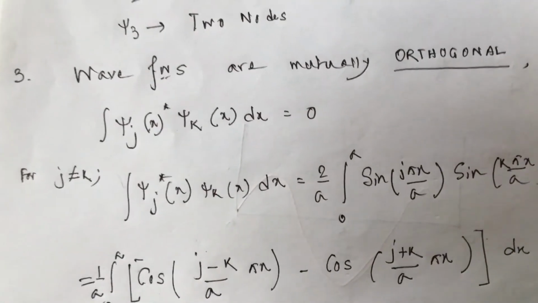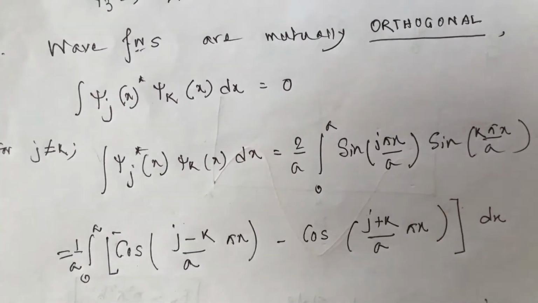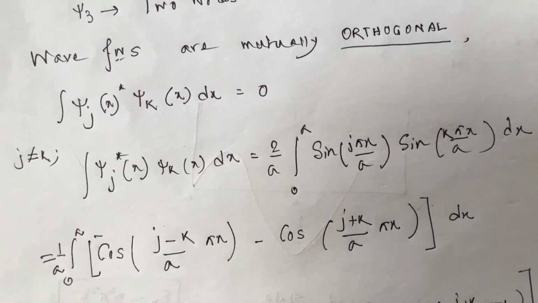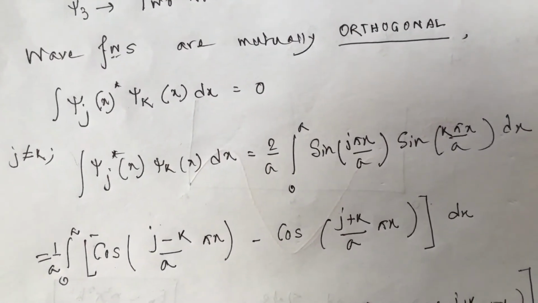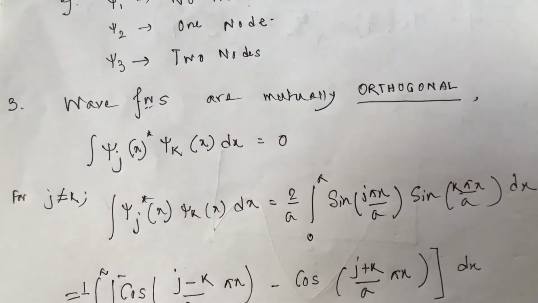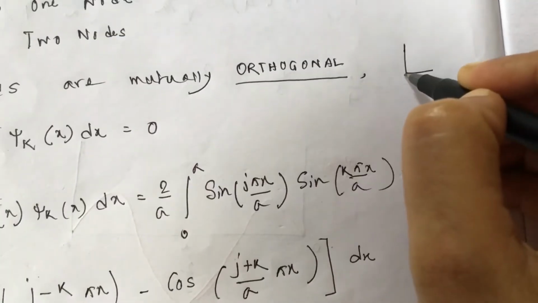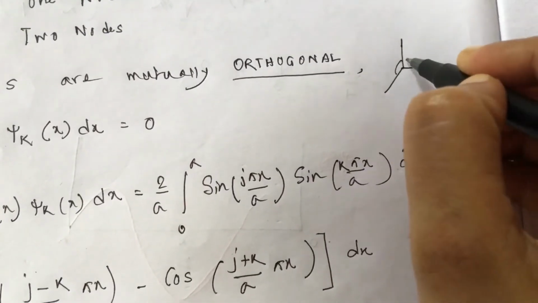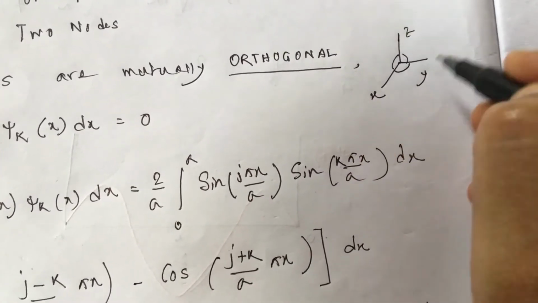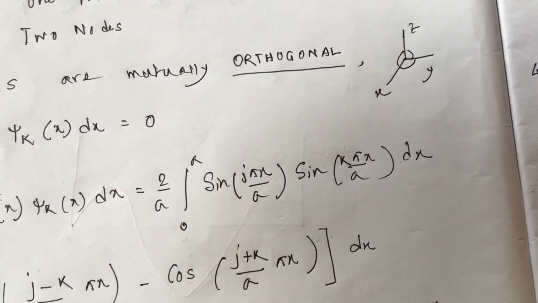Third characteristic is wave functions are mutually orthogonal. Now orthogonal classically means, if we think of the walls of our room, then we can easily see that the three walls are perpendicular to each other, which means that the walls of my room are orthogonal to each other.